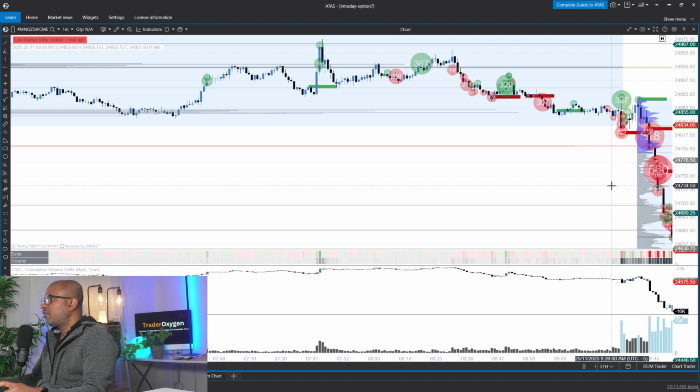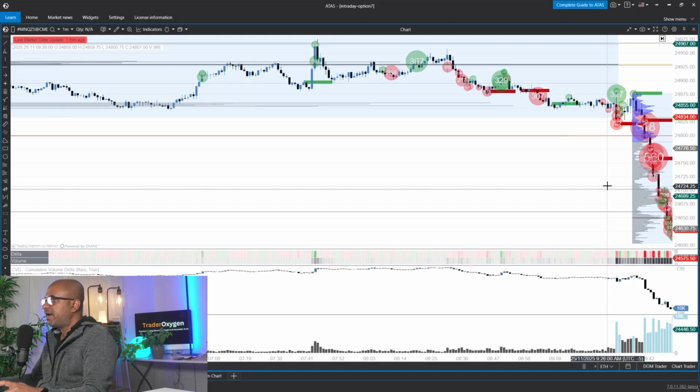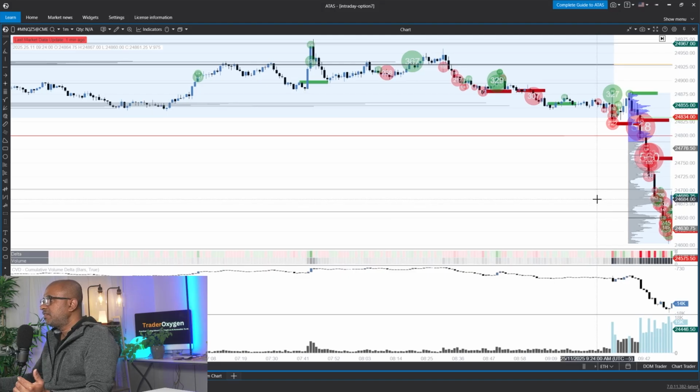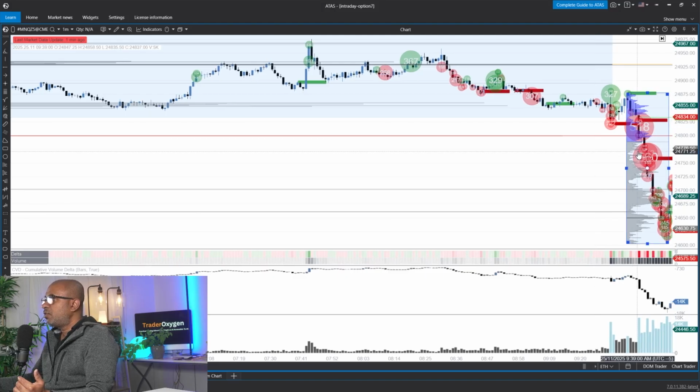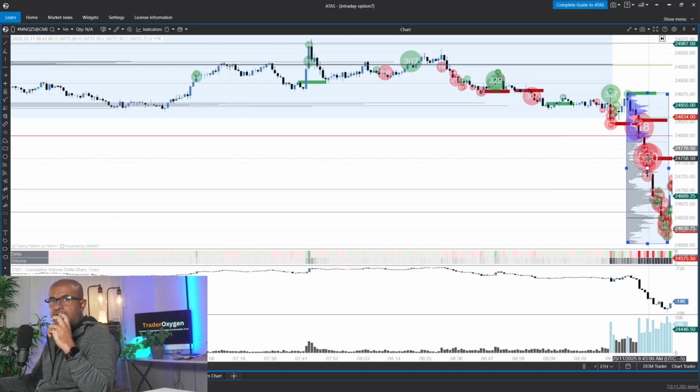Then what we have to do next is wait for a price retracement. When the price is pushing down, the majority of the bubbles are red bubbles. What that tells you is this is a seller's market. Aggressive sellers are strongly pushing the price down.